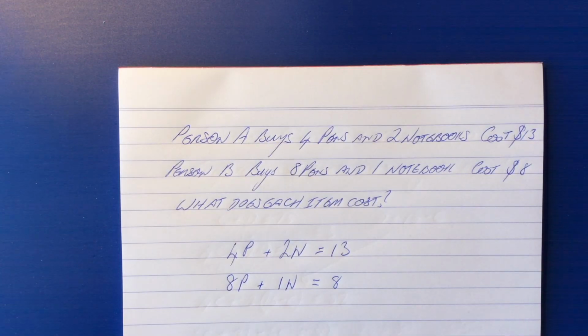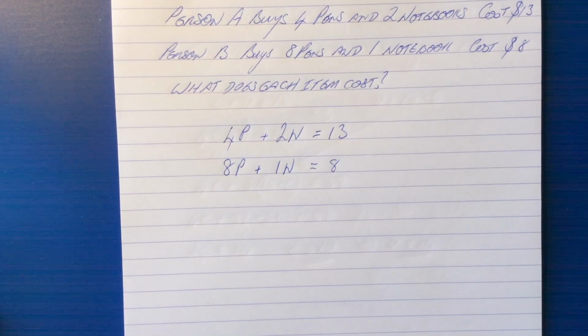Generally speaking, when you approach simultaneous equations, if it's obvious that you can solve by substitution, you should go ahead and do it. This one you can solve by substitution, but I think it's actually easier to solve by elimination. And so that's what I'm going to do.